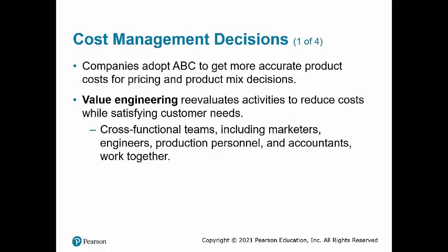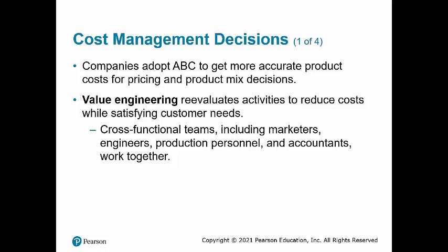So for cost management, companies can adopt activity-based costing to get a more accurate product cost for pricing and product mix decisions. We can also use value engineering. Value engineering evaluates the activities to reduce costs while still satisfying the customer's needs.